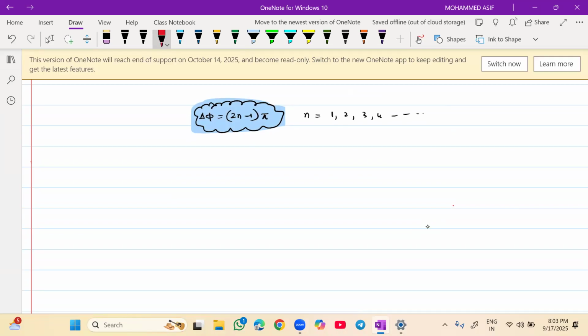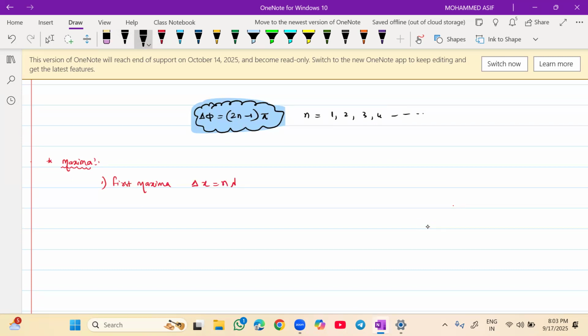We'll talk about maxima first. Tell me, where do we get the first maxima? The maxima formula is delta x equals n into lambda. So what n value will be taken?